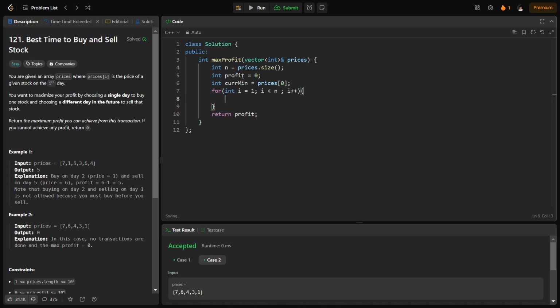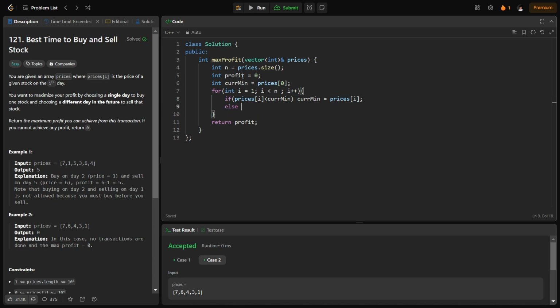Now what I do is, I see there are two cases. If prices of i is less than my current minimum, what I would do is update this current minimum to prices of i.